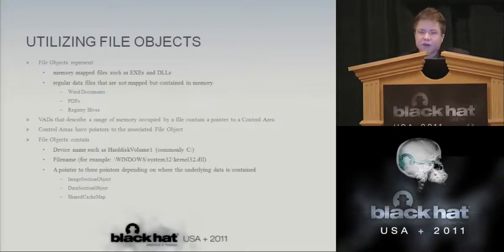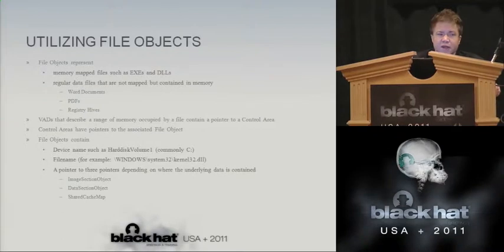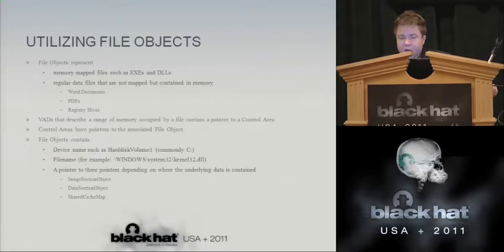So you can get information like hard disk volume 1, which is commonly referred to in most systems probably as C:. You can do that lookup. Also, it'll contain the file name. So in this case, Windows System32 kernel32.dll.